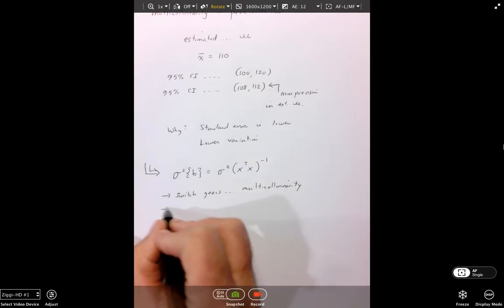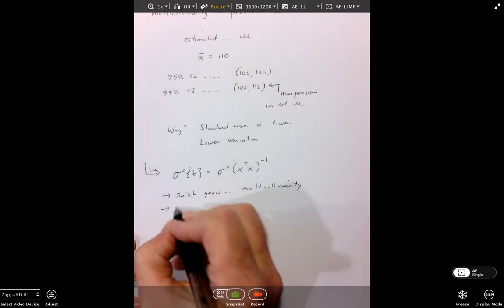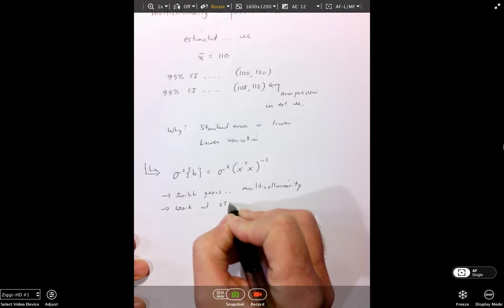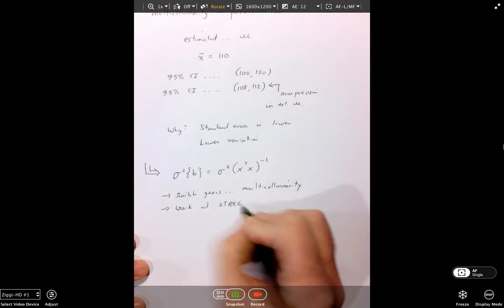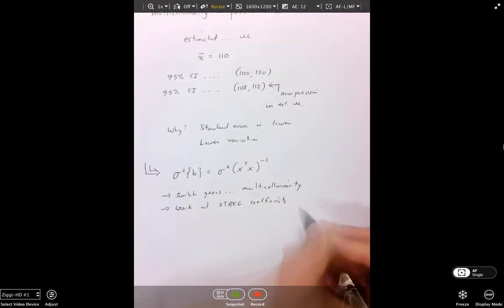Now, if you remember, one of the problems with multicollinearity, or one of the things that can create multicollinearity, is when we have predictor variables that are on drastically different units. Because of that, we prefer to work with standardized regression coefficients, to get our predictor variables with the same standard deviation, things that we can actually compare.